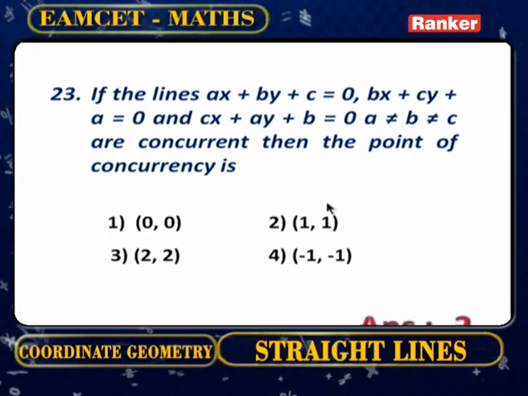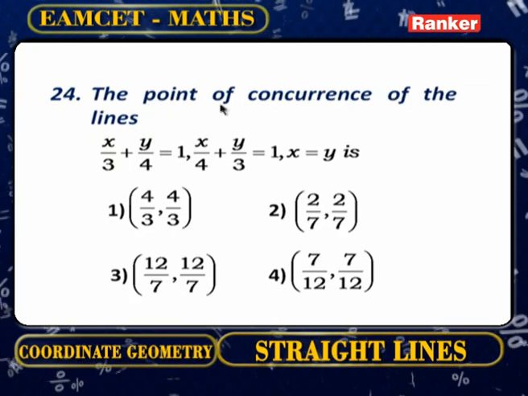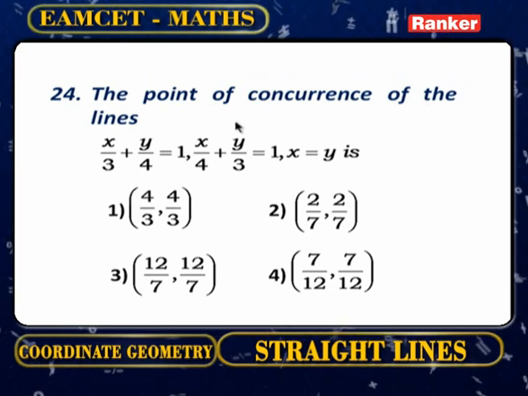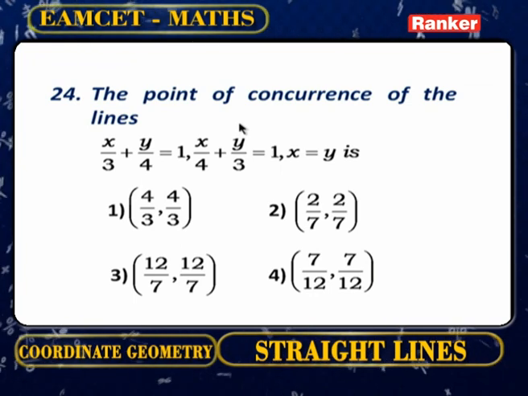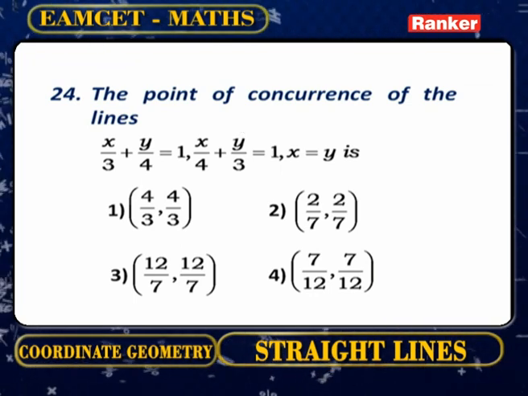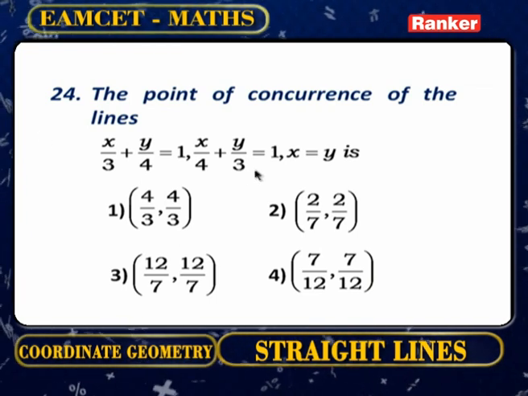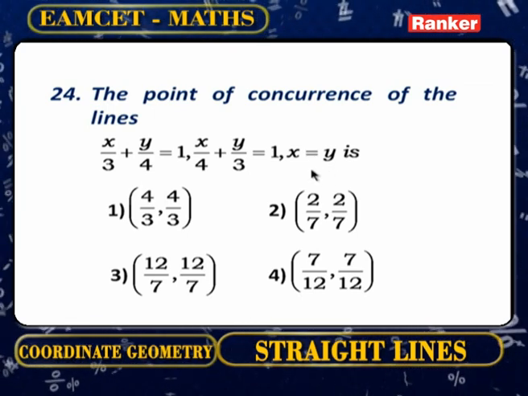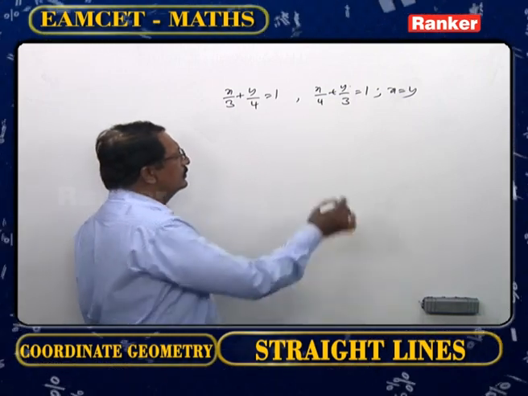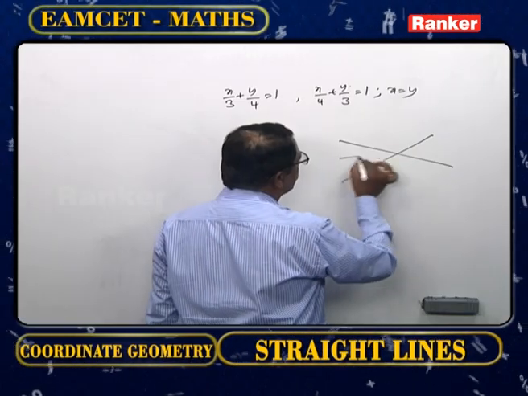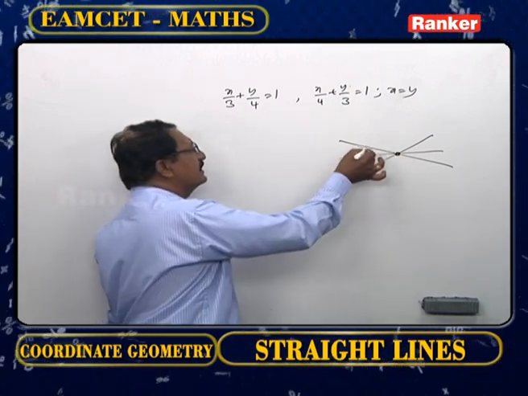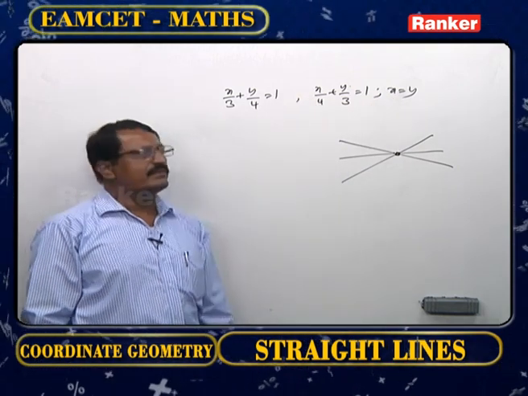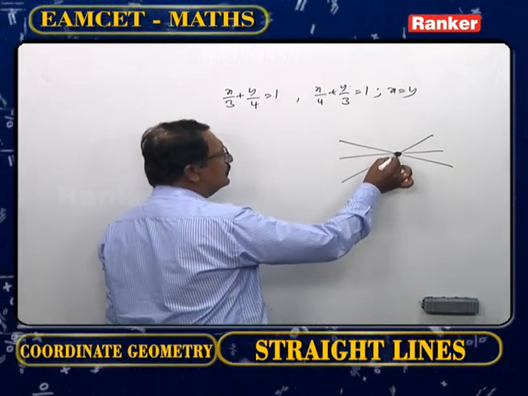Now, second option. The point of concurrency of the lines x by 3 plus y by 4 equals 1, x by 4 plus y by 3 equals 1 and x equals y. Now, the three lines are concurrent at one point, required point of concurrency. It is nothing but the point of intersection of any two lines from the given three lines, because all the lines pass through the same point.